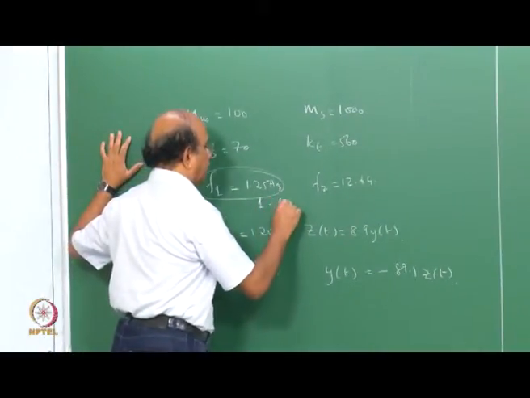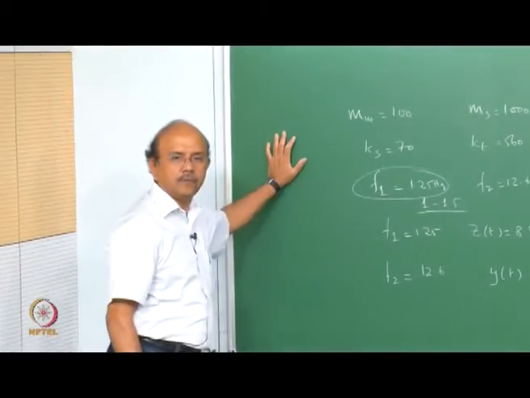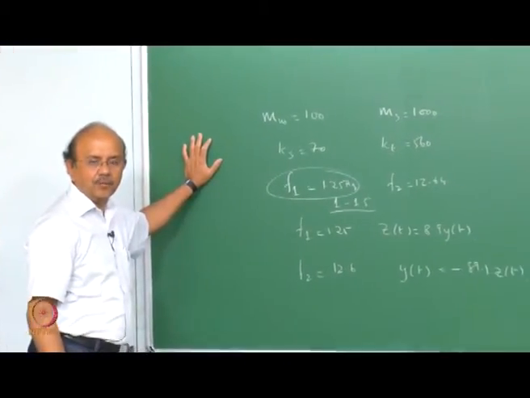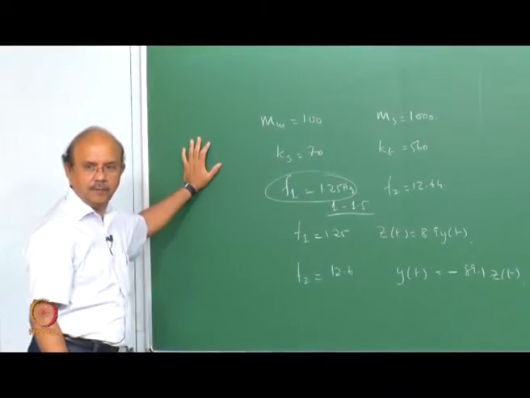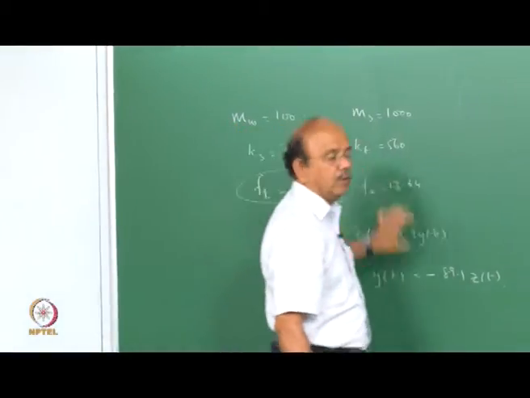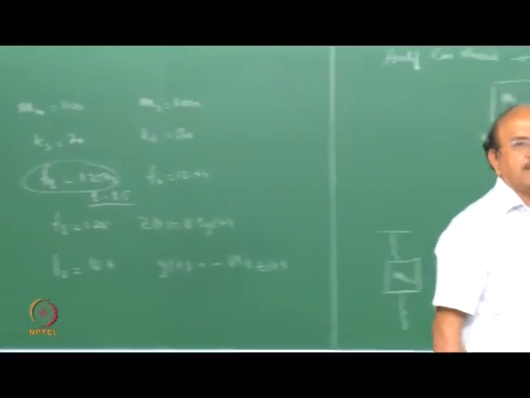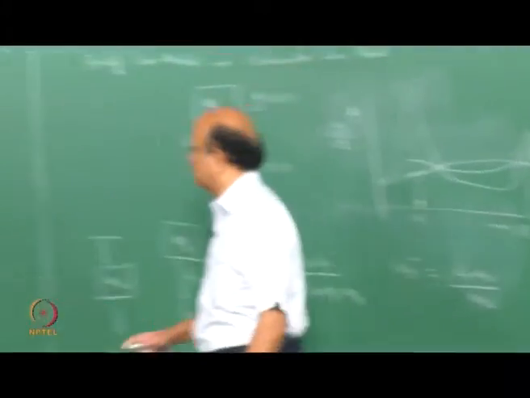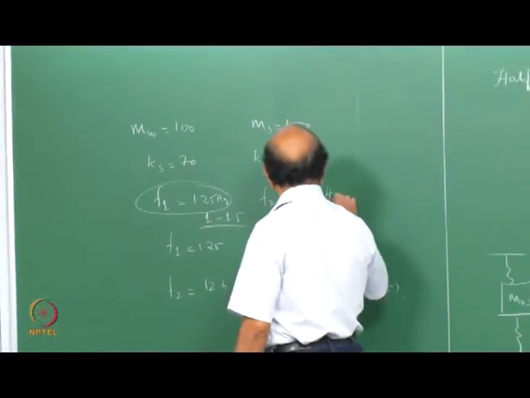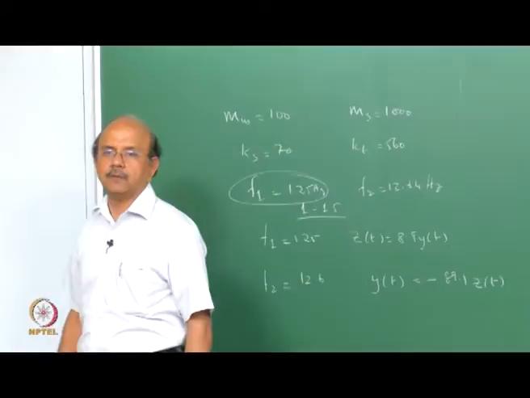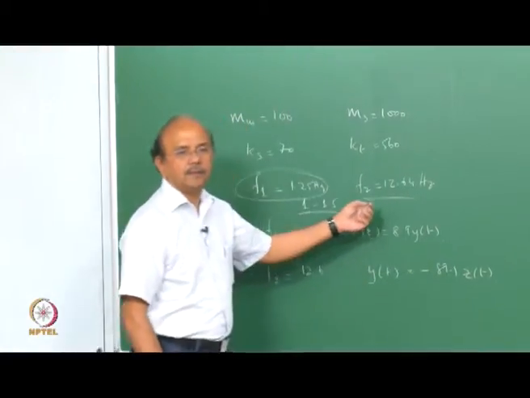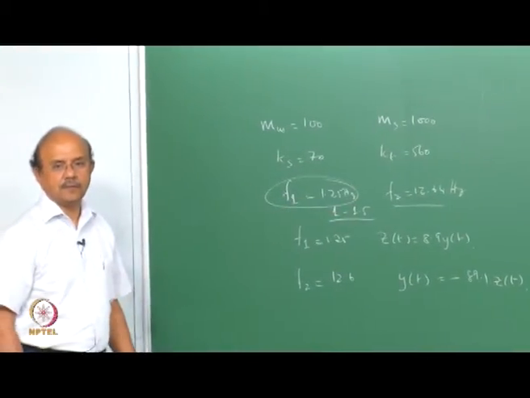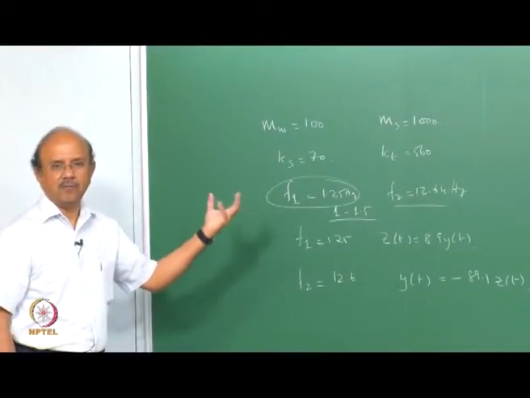It is between 1 to 1.5 for all the vehicles. That is what we call the body frequency, right? And omega 2, which results in a frequency of 12.64 hertz, is a typical value and is called the wheel hop frequency, the typical value for the unsprung mass. So this is a typical wheel hop frequency.